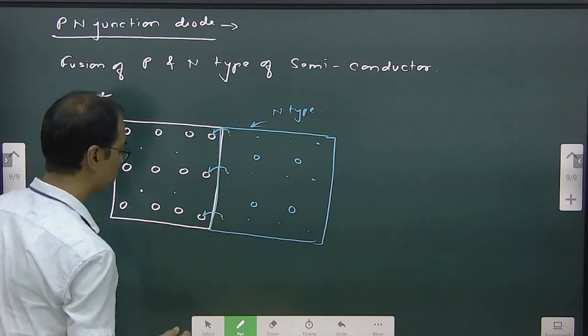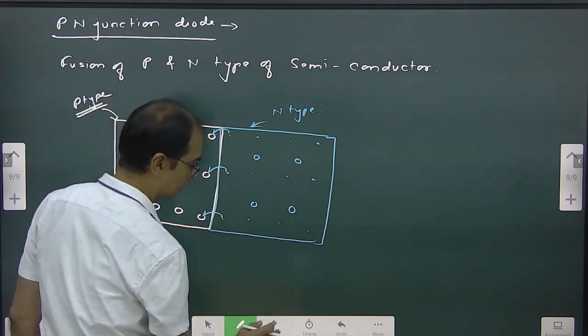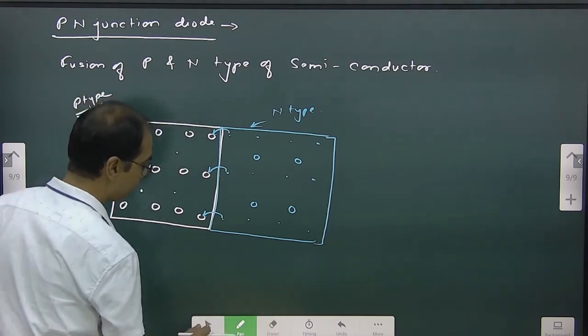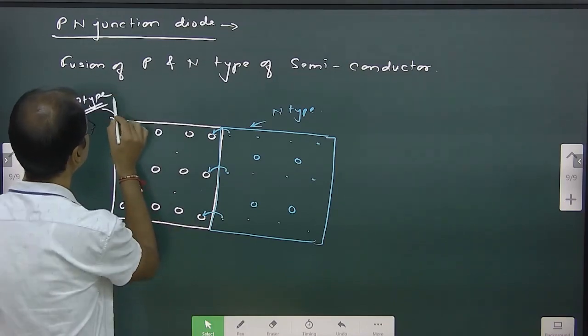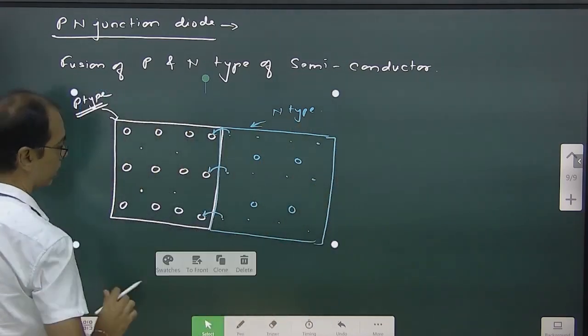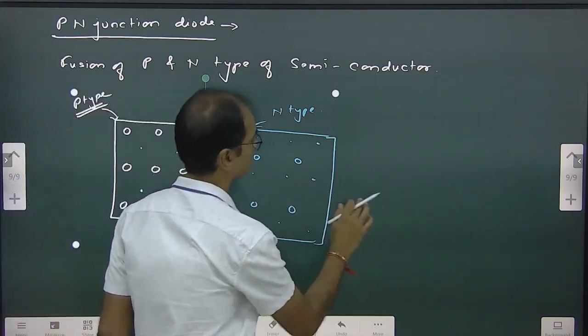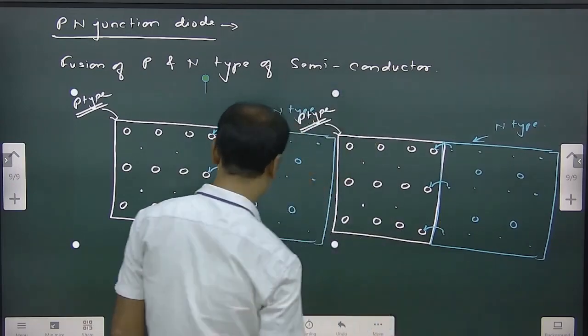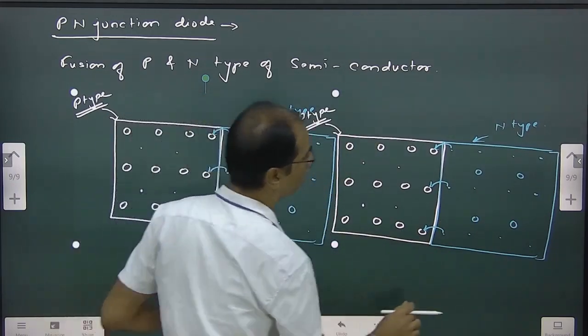Right? So what will happen next? Next is one more diagram like this. We'll make one more diagram like this, slightly smaller we can make it.